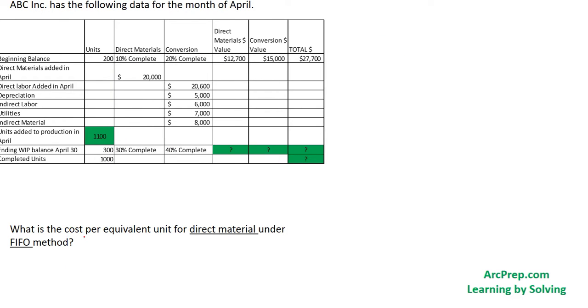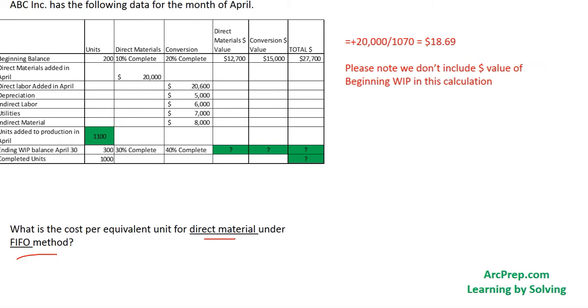Now, what is the cost per equivalent unit for direct material under FIFO? What we need to do, unlike the weighted average method, is just take the current cost and divide it by, quote-unquote, current finished goods. So the goods that we are finishing in that particular month, and that includes subtracting any finished goods that we have in the beginning inventory.